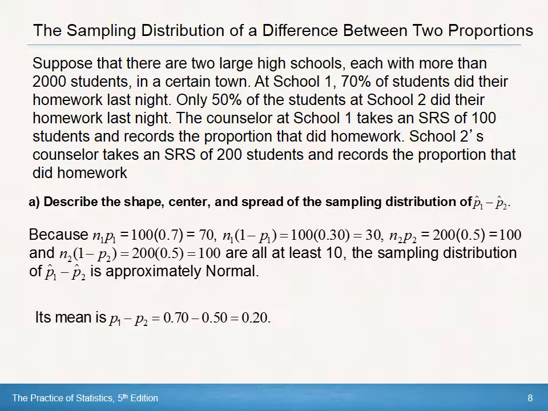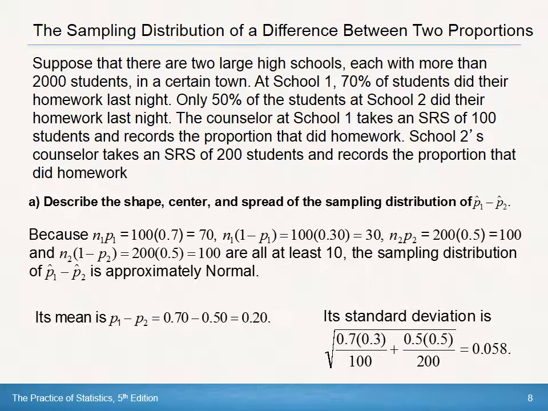That means the mean of the sampling distribution would be 0.7 minus 0.5, which is 0.2. And the standard deviation, if we take the square root of this formula, that's how we got 0.058. So the shape is approximately normal, the center, the mean, is 0.2, and the spread is 0.058.